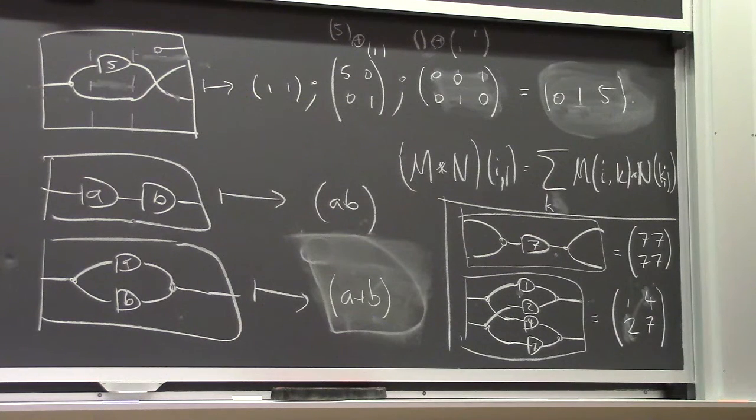A functor from C to D, let's call it F again, is full if for all x, y, the map a functor gives us from C(x,y) to D(F(x),F(y)) is a surjection.